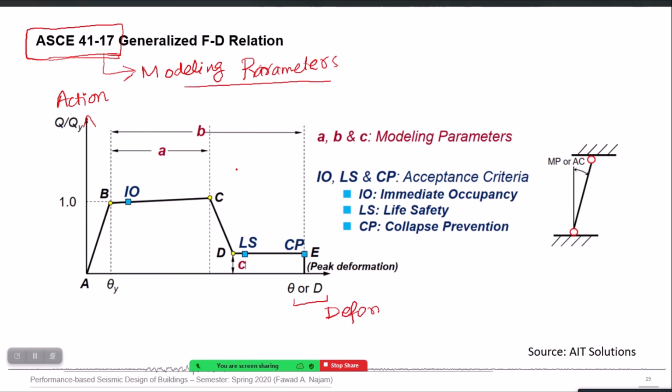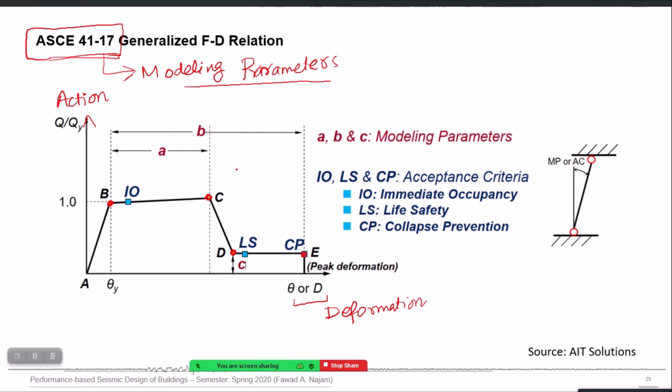So it defines a general template for any action versus any deformation. The first point is the yield point, then the ultimate point, then the point D where the capacity dropped to a certain very small residual value, and finally the last point beyond which the element is completely failed.